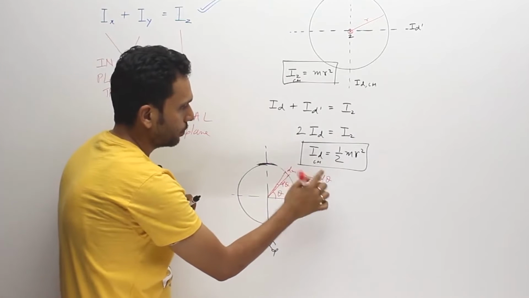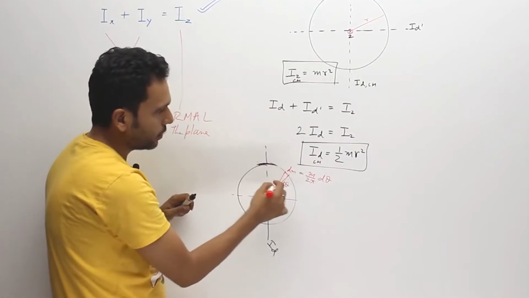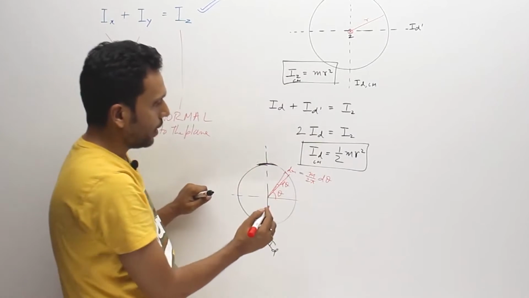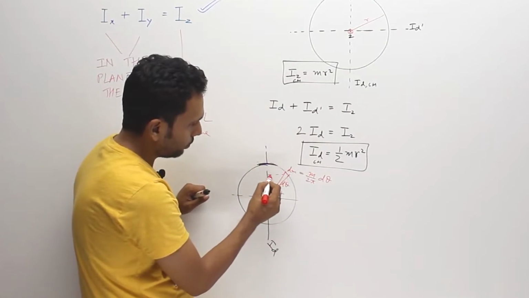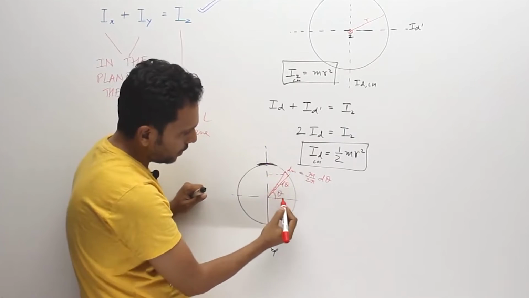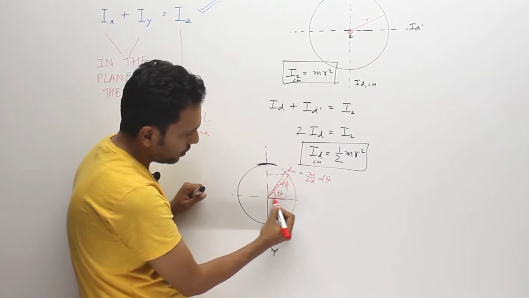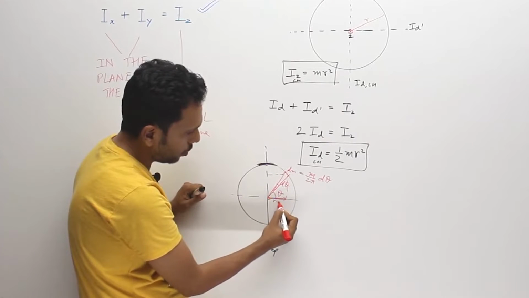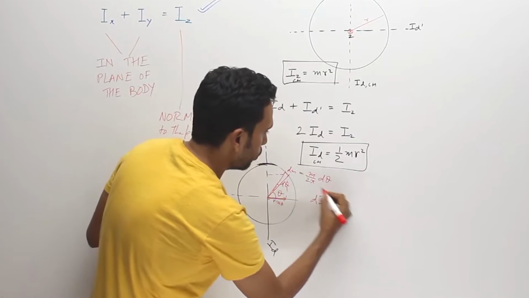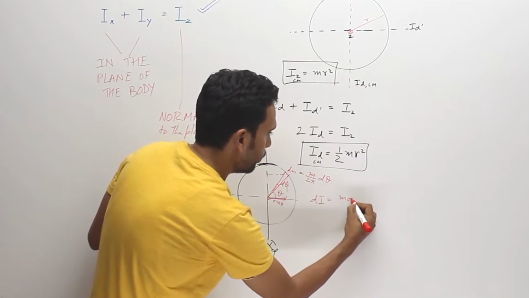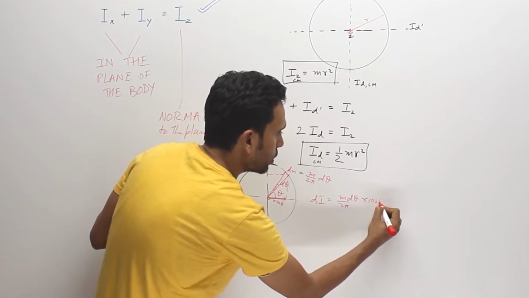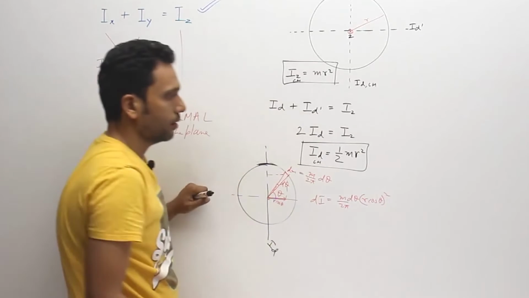So total M by total angle into the angle it is covering. That's your elementary mass, and the distance of the elementary mass from the axis in question would be r cos theta. So dI would be equal to dm, which is M d theta by 2 pi, into r cos theta the whole square.